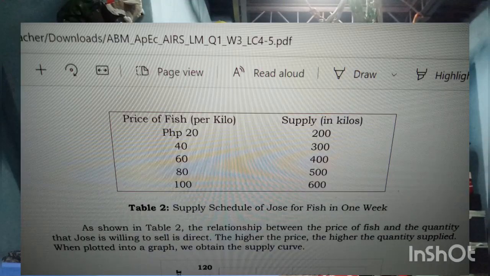So, as you can see, the example here is the price of fish per kilo and the supply in kilos. Here in Table 2 is the supply schedule of Jose for fish in 1 week. As you can see, the price of fish is cheap, so only a little is supplied, just 200.